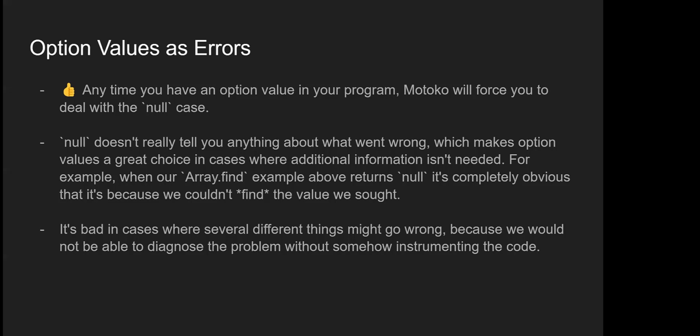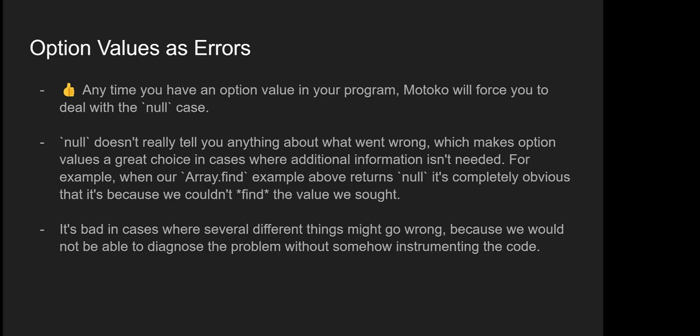Now we'll get to what I think is the primary limitation of option values, which is that when you receive a null value back from a method that you're calling, pretend you're calling a method on a canister that you don't own, and it gives you a null value back. It doesn't really tell you anything. It says you got nothing.